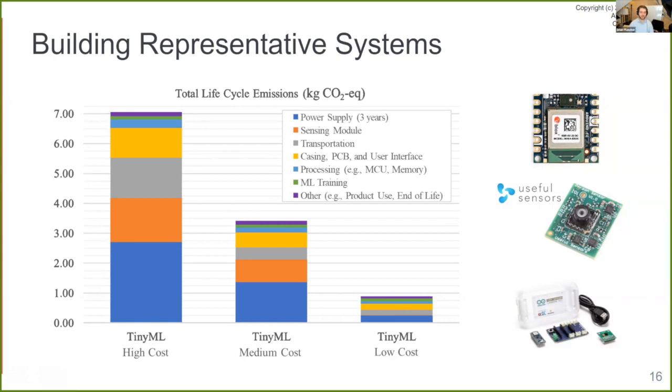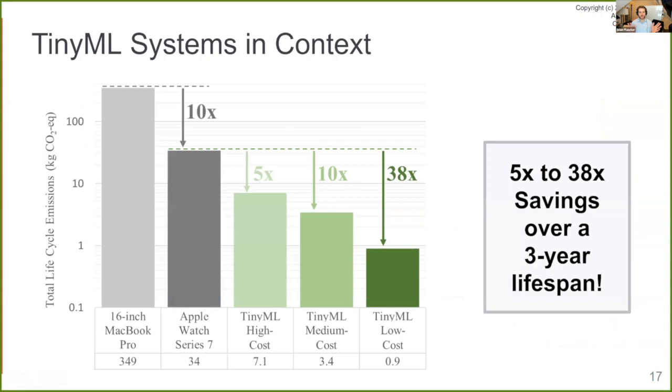Your question then might be, okay, that's nice, what does this mean in context? So if you compare this to, say, an Apple Watch or a MacBook Pro, it will be 5 to 38 times less, better, I would say, in terms of impact.